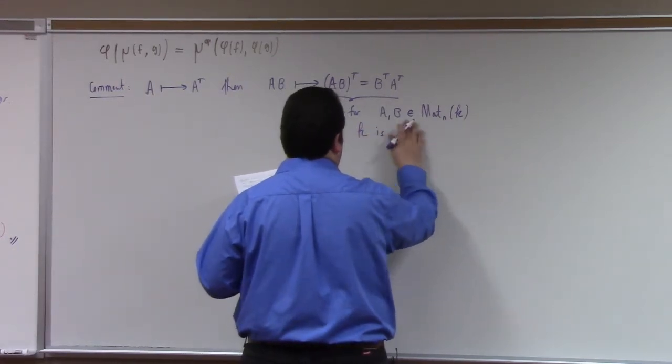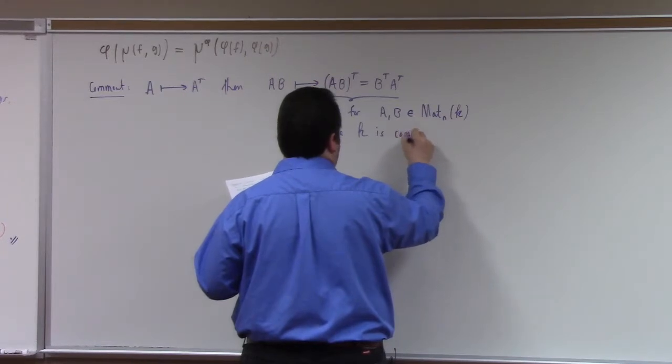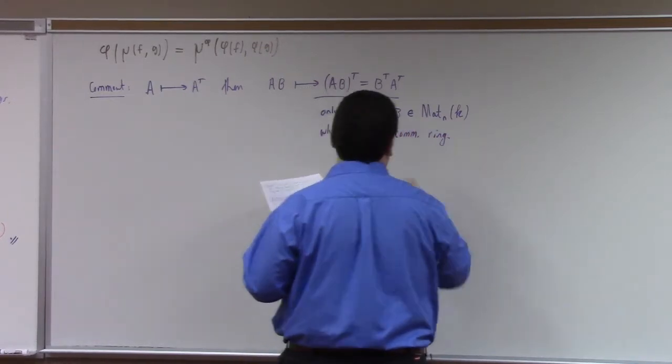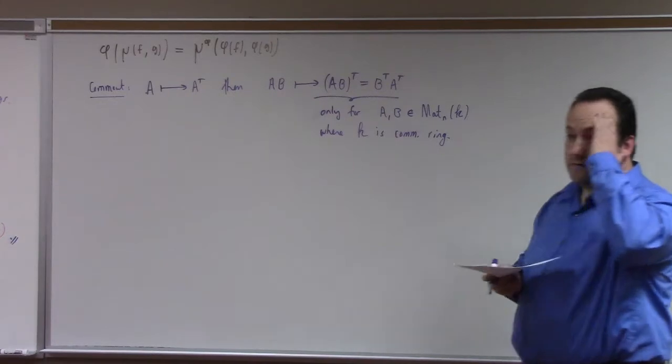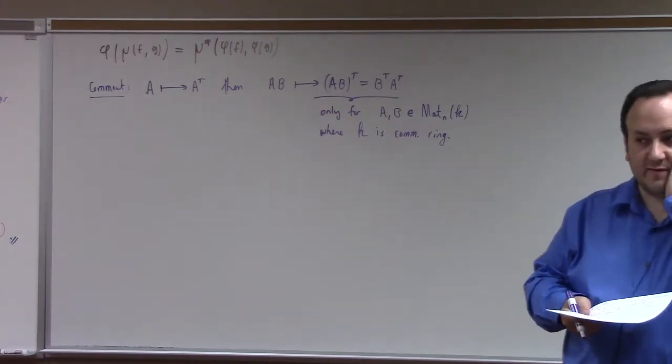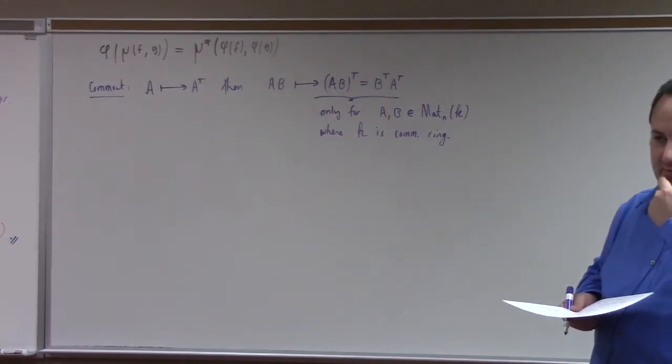Well, I don't have to say field, that's too strong. Commutative ring will do. So the transposition map is an anti-isomorphism if we're working with matrices over a commutative ring.